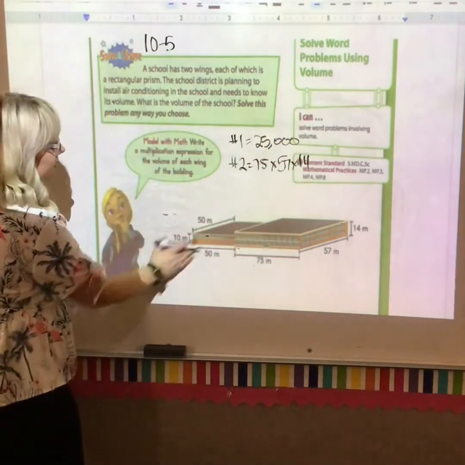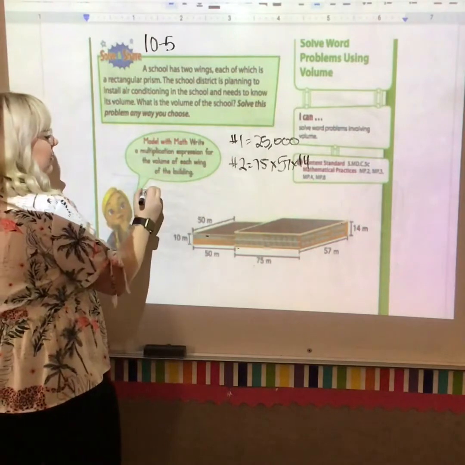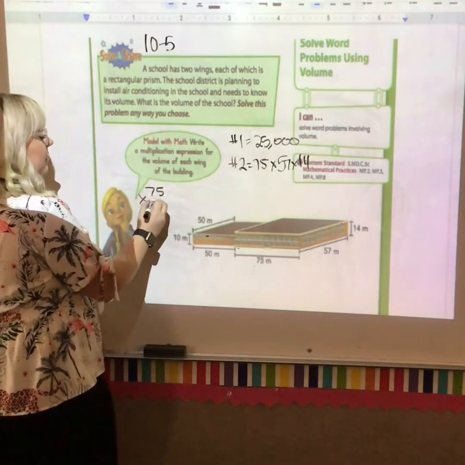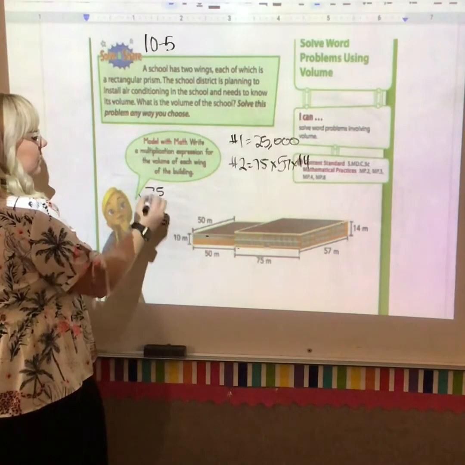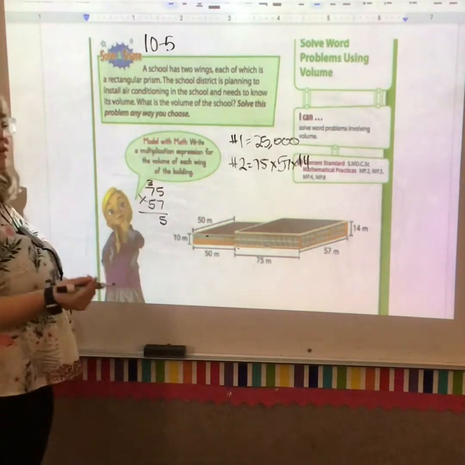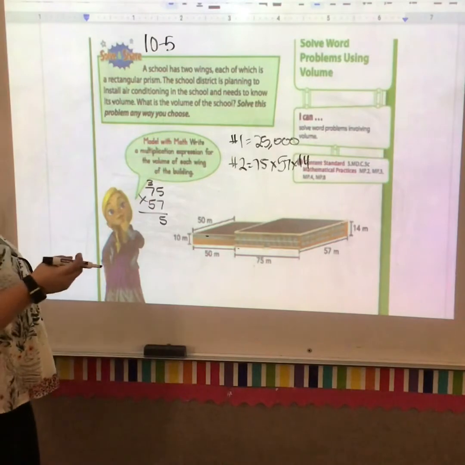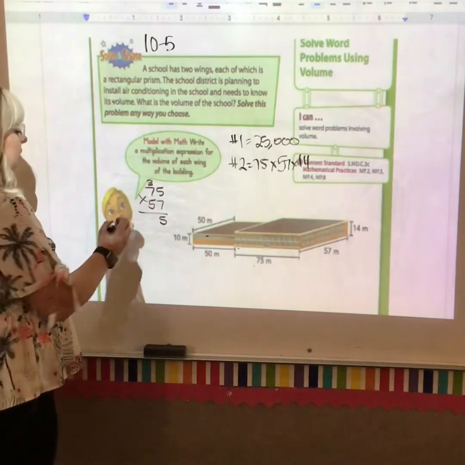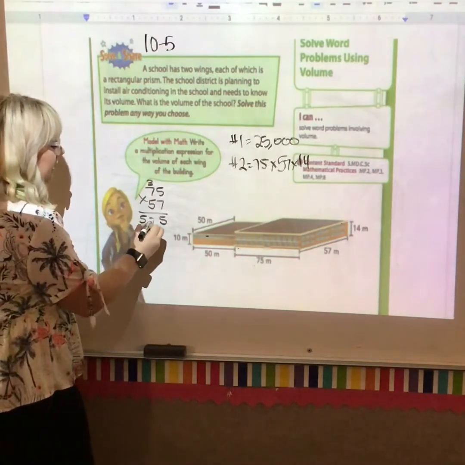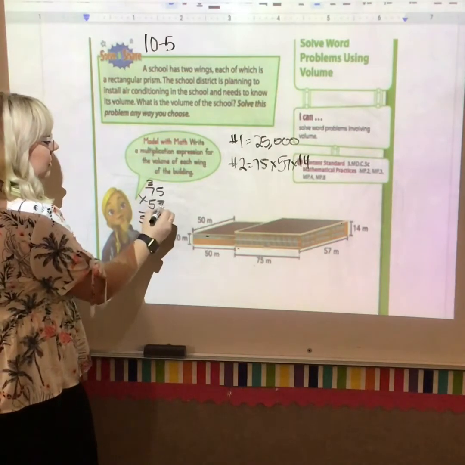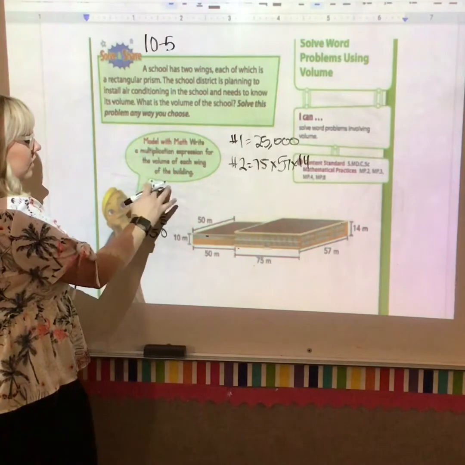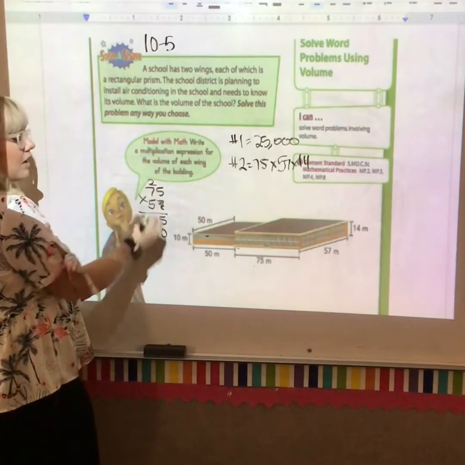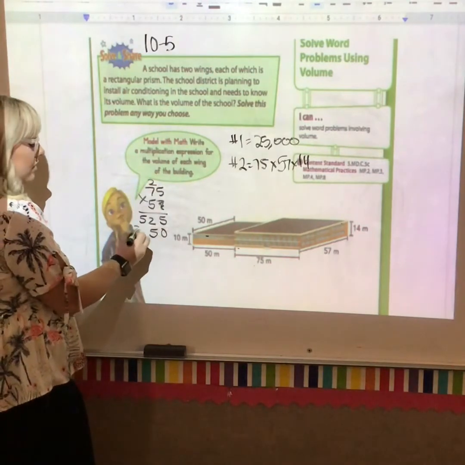All right, let's go to the second one. The second one is 75 times 57. 7 times 5 is 35, carry the 3. 7 times 7 is 49, plus 3, so that's 52. You're going to add a 0 to move on to the second row. 5 times 5 is 25, carry the 2. 7 times 5 is 35, plus 2 is 37.